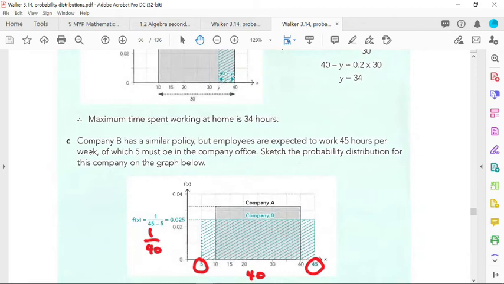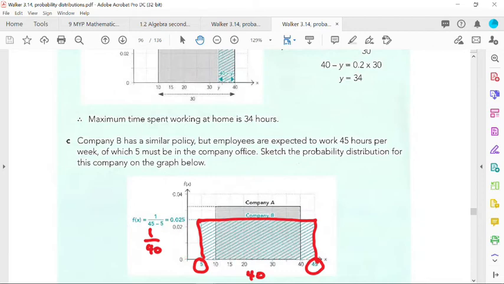Every time, find that distance on the bottom, and then the height is always just 1 over that number. And so here is our new probability distribution. Now notice it's not as tall as the other one because 1 over 40 is smaller than 1 over 30. Do you care? No. Only if they have a scale up the side do you care, right? But if they don't have a scale on the side, you just sketch it.